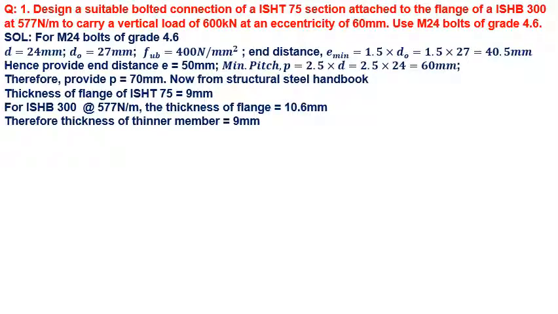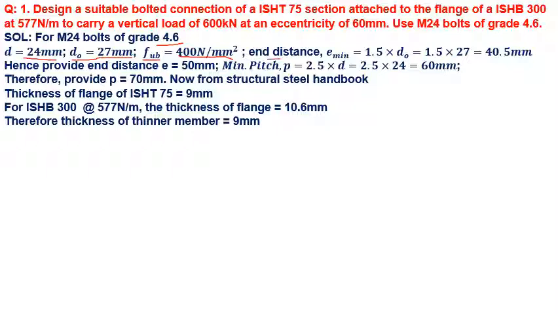First, the diameter of bolts is given as 24 millimeter. Diameter of hole is 27 millimeter. Since the grade of bolt is 4.6, the ultimate stress of bolt is 400 Newton per mm square and the yield stress of bolt is 240 Newton per mm square.